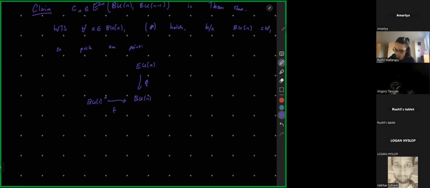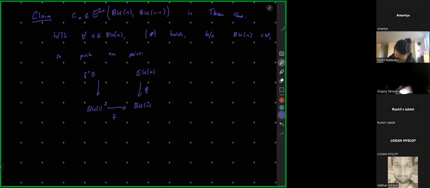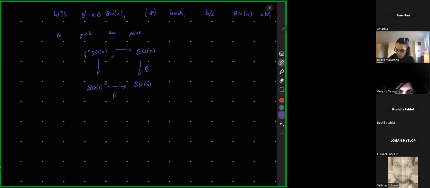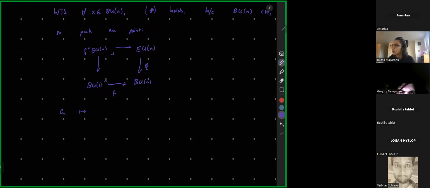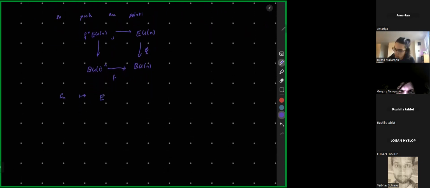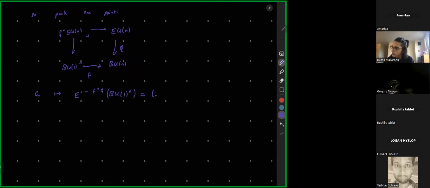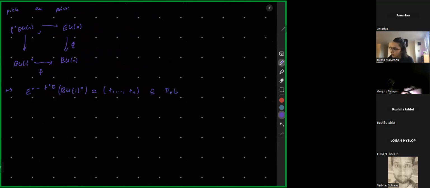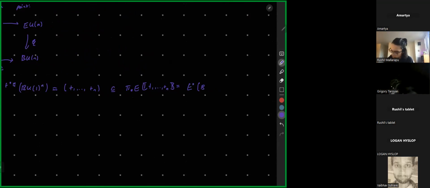We'll call this map F. Then Cn will get replaced by the image in this, which is just the ideal generated by T1 through Tn in pi star E, which is just, if you remember, the cohomology of BU1 to the n.